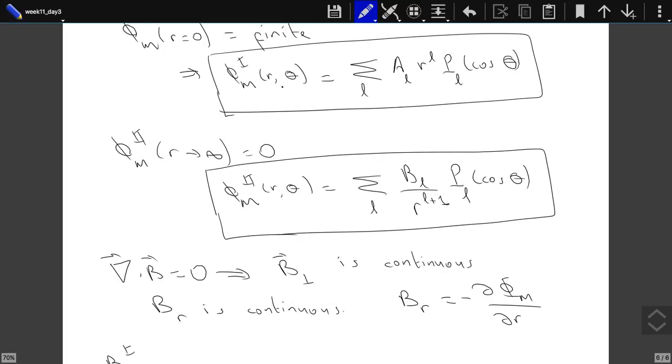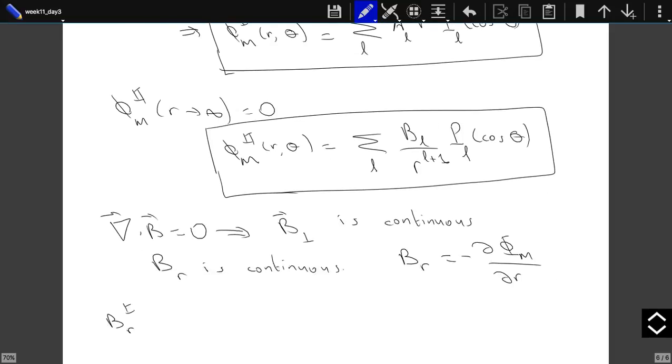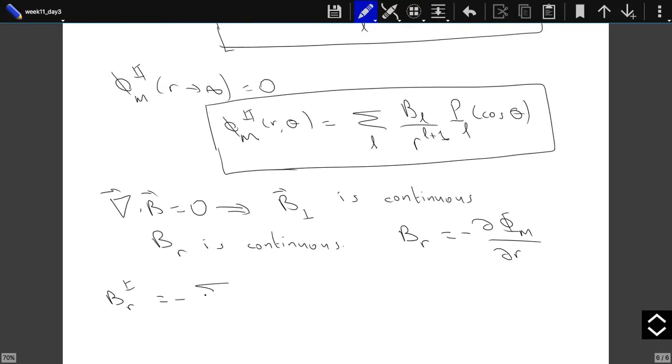Just take its radial derivative, multiply it by -1. That's the radial component of my B field in region 1, and that gives me minus sum over A_L times L r^(L-1) P_L of cosine theta. This is the radial component of the magnetic field inside my sphere.